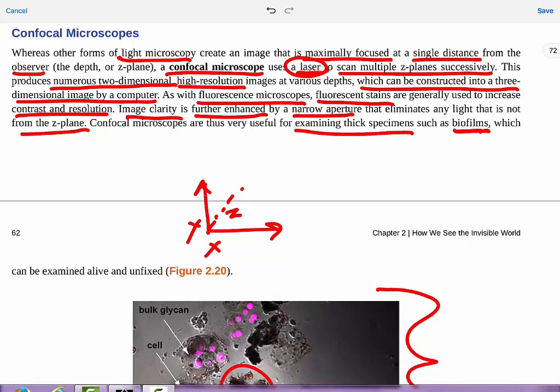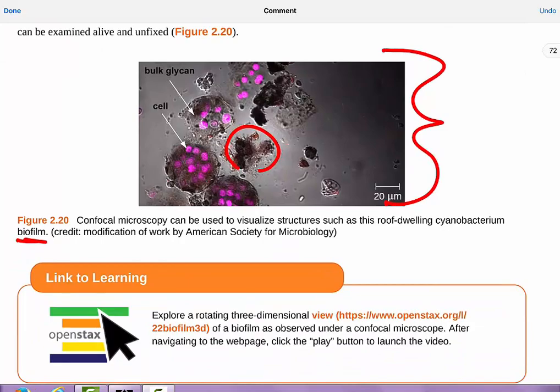So it can look through these and produce lots of two-dimensional, very high-resolution images. And remember, this one includes a computer. The confocal microscope uses a computer that can then put these images together and come up with one very nice-looking, very detailed image.